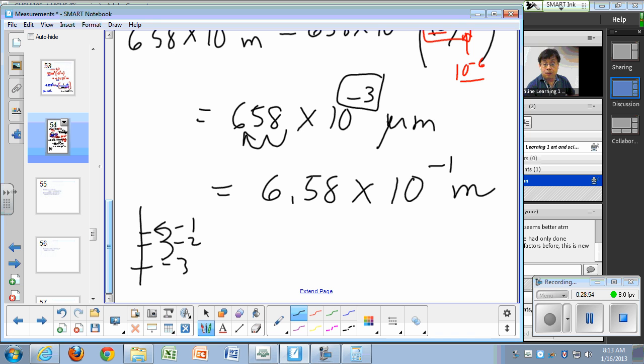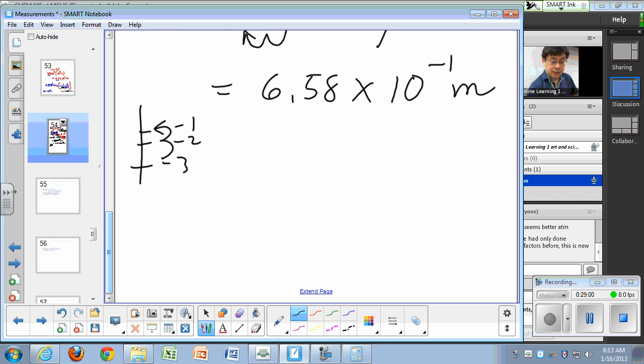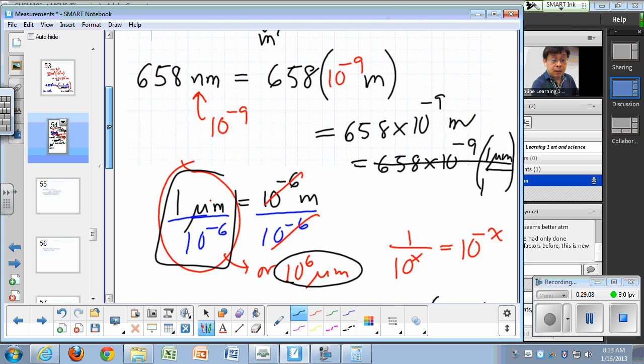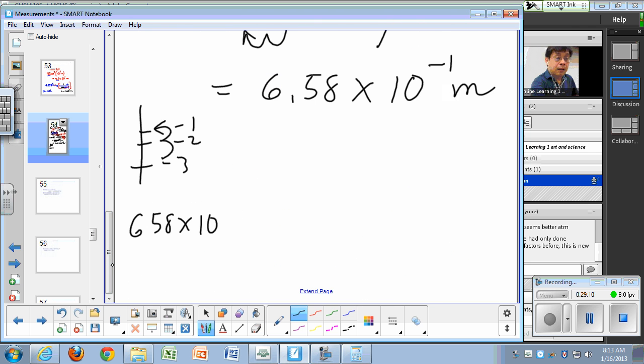So that's how you do it using algebraic substitution. Let's summarize what I just did. I have 658 nanometers equals 658 times 10 to the negative 9 meters.